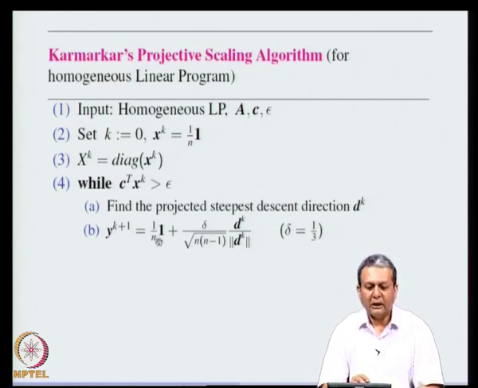So, this is the current point, which is also 1 by n, and then the current point plus alpha k dk. So, this is the normalized projected steepest descent direction dk by norm dk, and that is multiplied by alpha k. Karmarkar found that a good choice for alpha k is 1 by 3 into root of n into n minus 1.